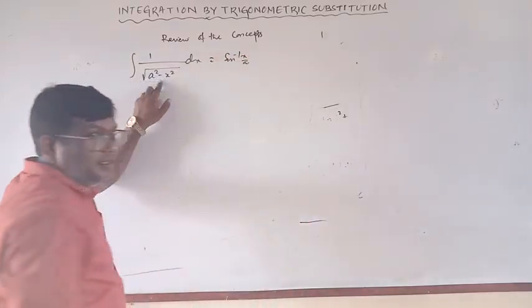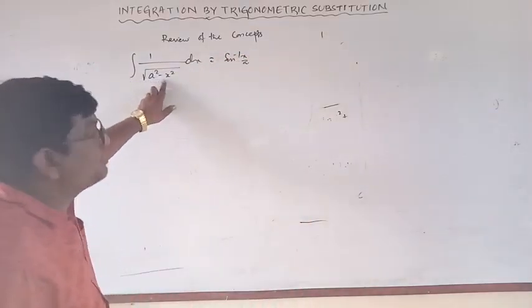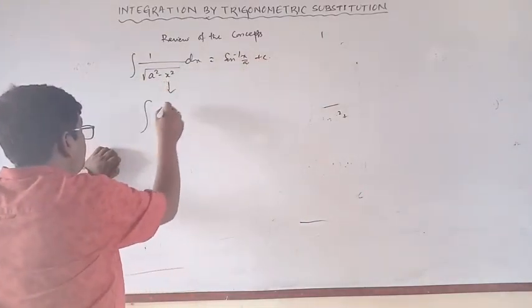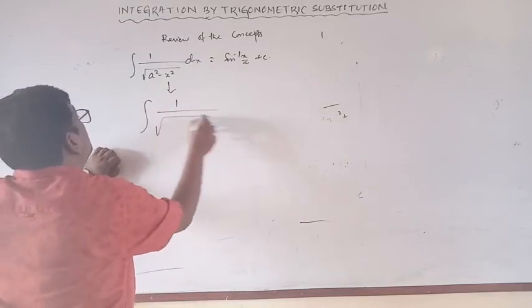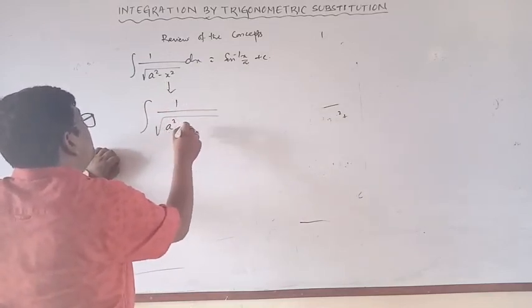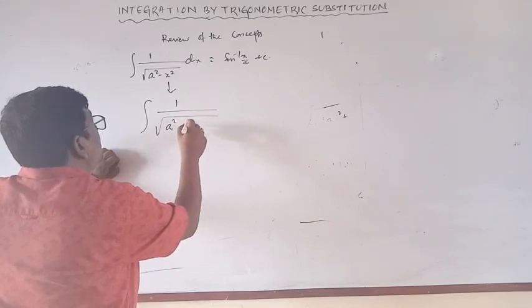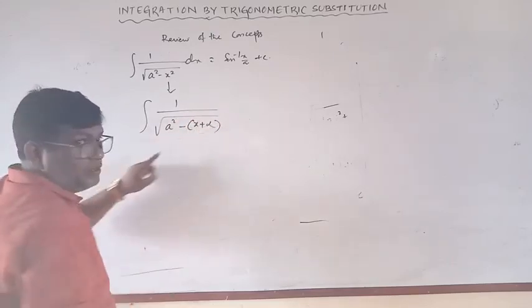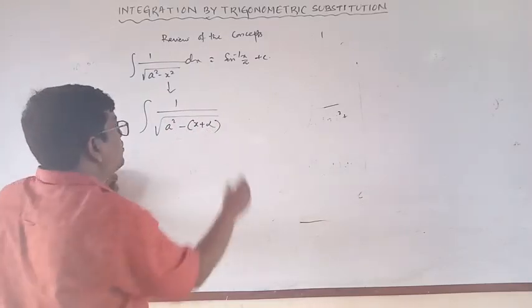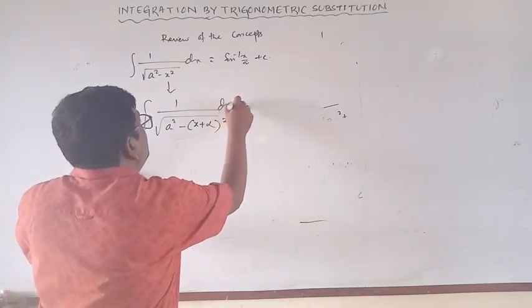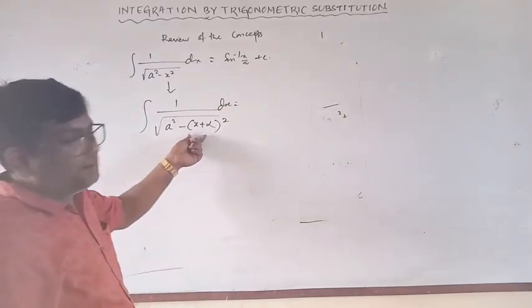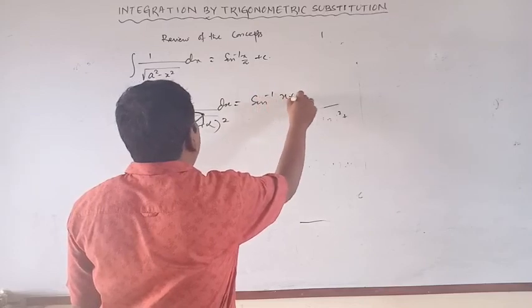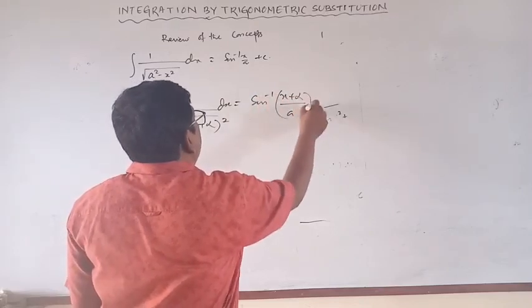If the formula is like this, root over a squared minus x plus any constant, with the coefficient of x equal to 1, it is the same formula. Here x means x plus alpha. So it is sin inverse of x plus alpha by a, plus c. This is the answer.